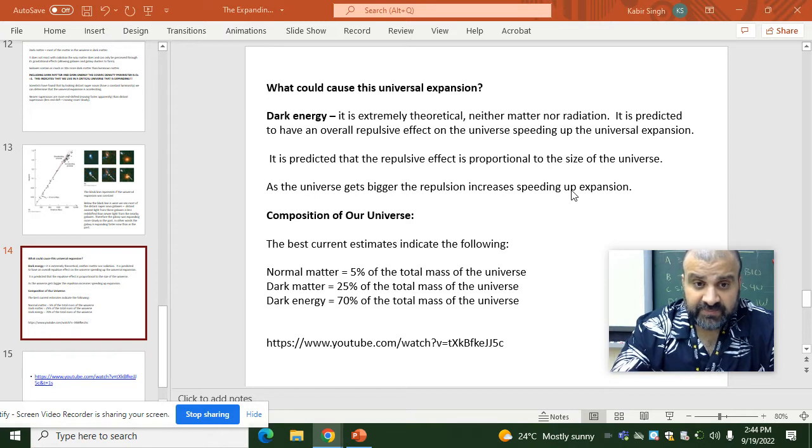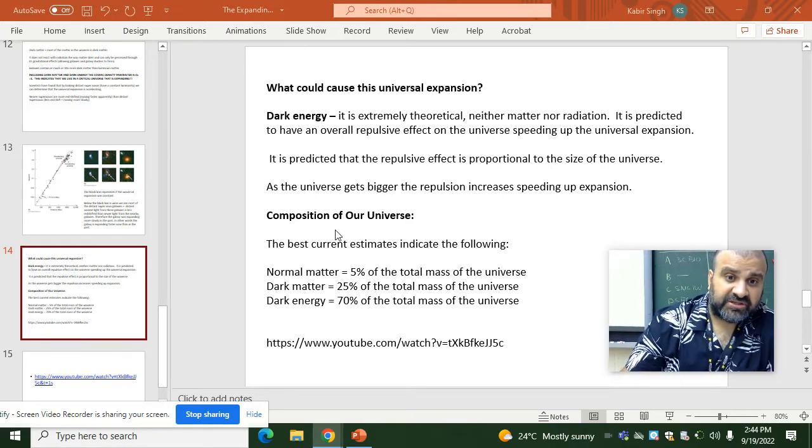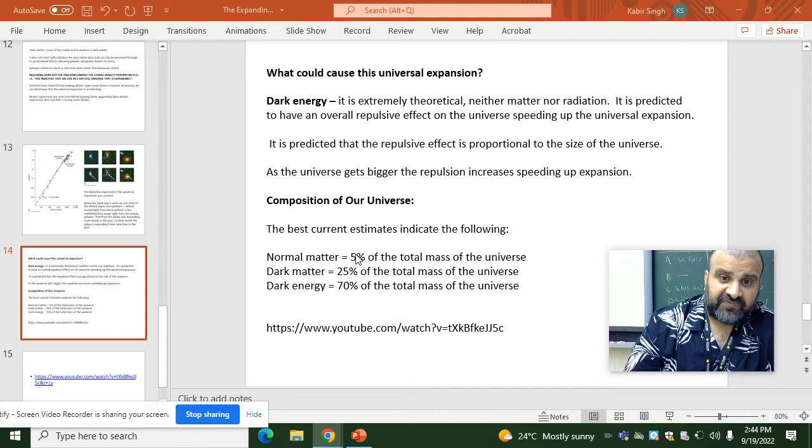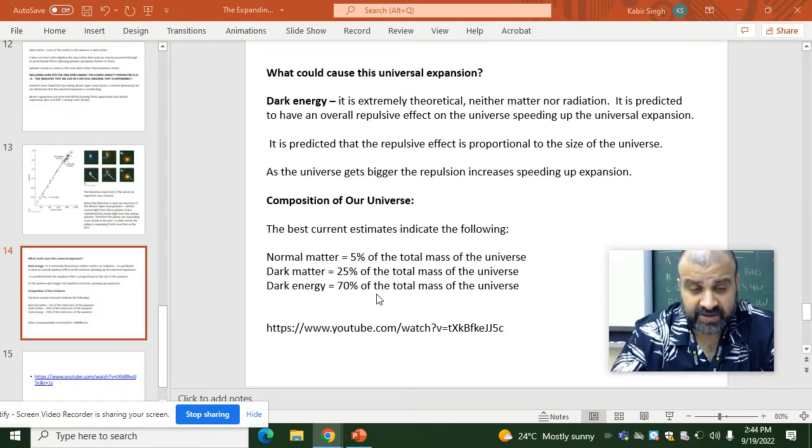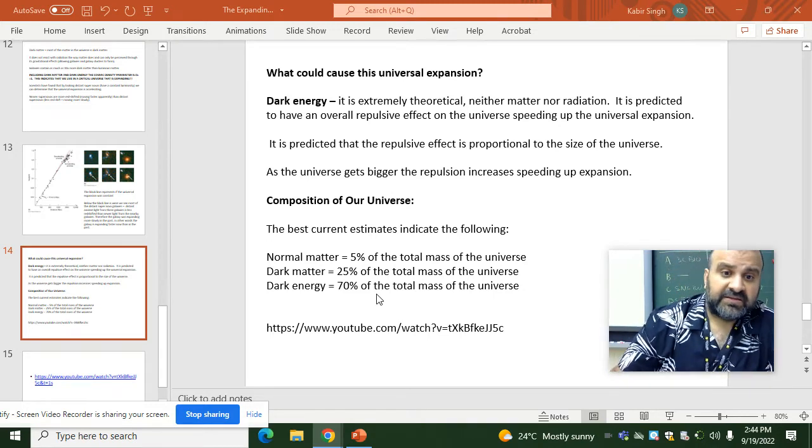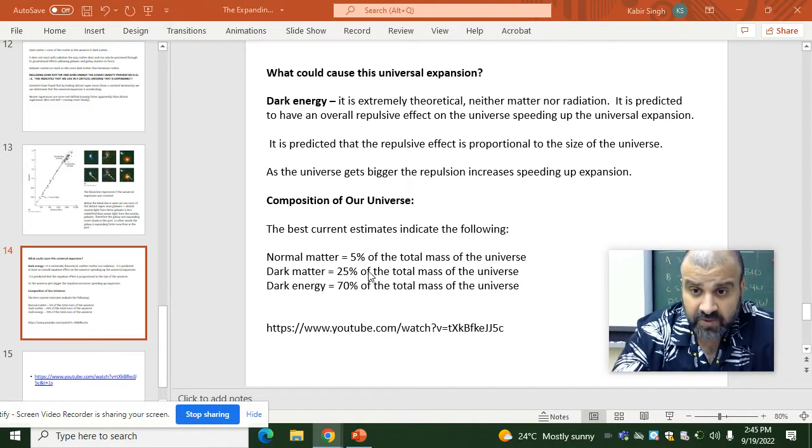And our best scientists, right, their predictions, 5% of the total mass of the universe is normal matter, luminous matter. That includes you and the air you breathe, right? And your classmates and your desk and whatever, your clothes on your body. That's all normal matter. Okay? They say 25% of the matter in the universe is dark matter. Right?